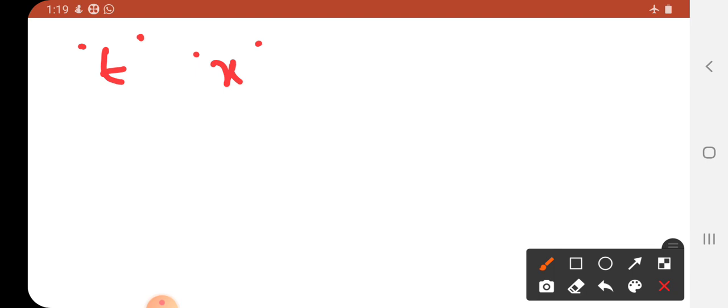Let's consider dx, a small distance, which is traveled by the waves in time dt.